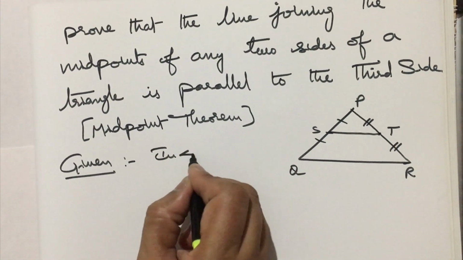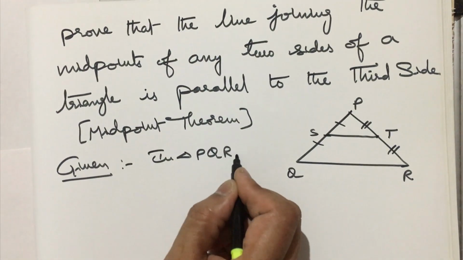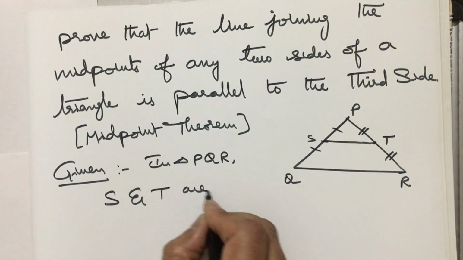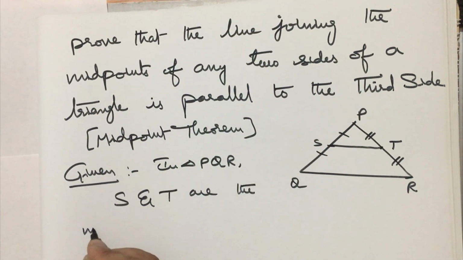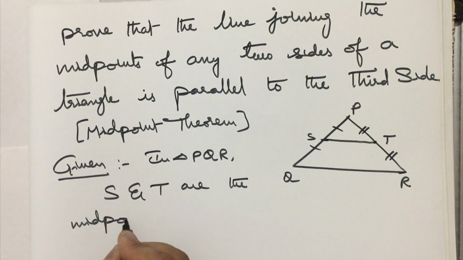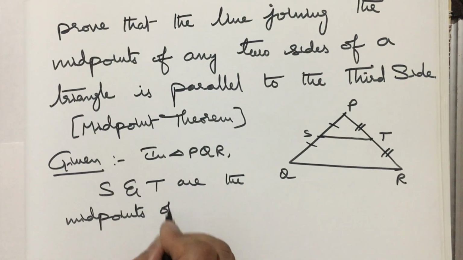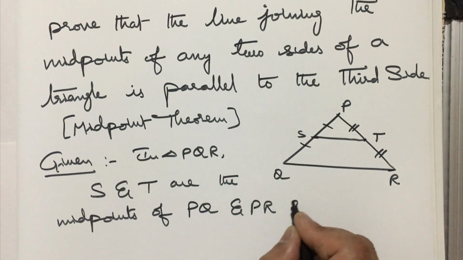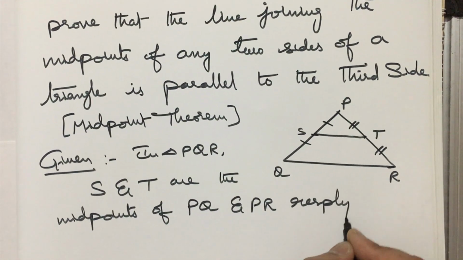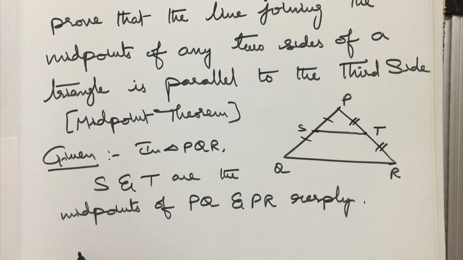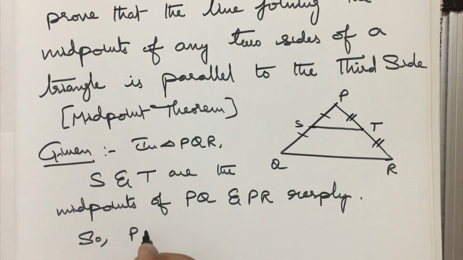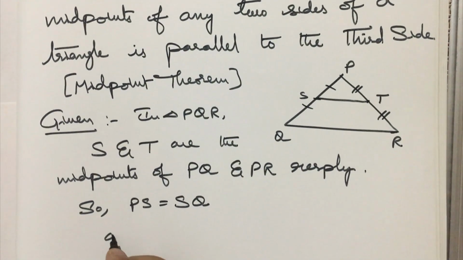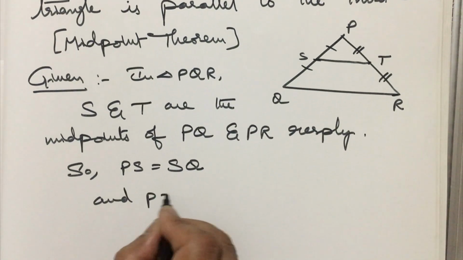In triangle PQR, S and T are the midpoints of PQ and PR respectively. So, you can write PS is equal to SQ and PT is equal to TR.